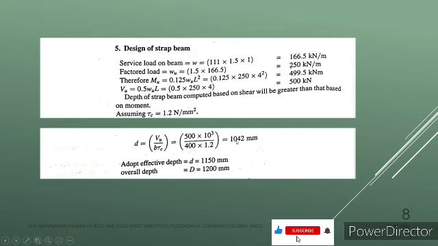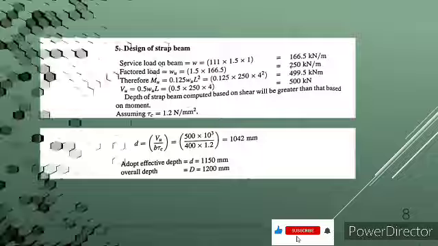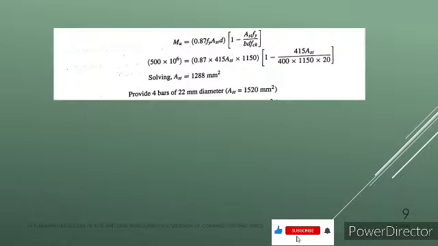Finally, we got 1042 mm. So the effective depth required here, let us assume a rounded value, that is 1150 mm as the effective depth, and the overall depth after providing 50 mm cover will be 1200. After assuming this, second step is finding the area of steel.